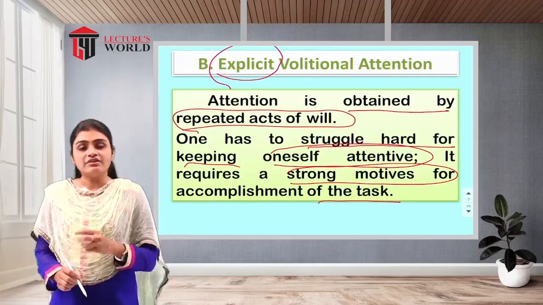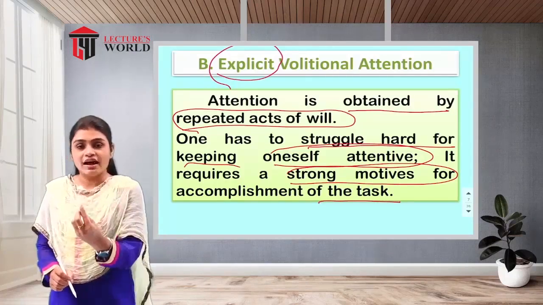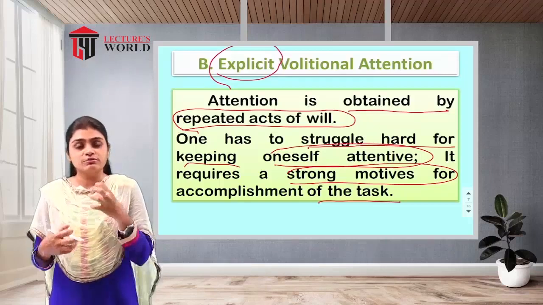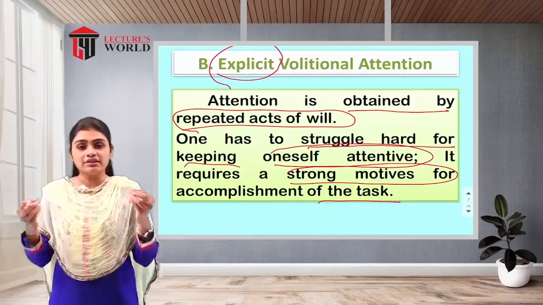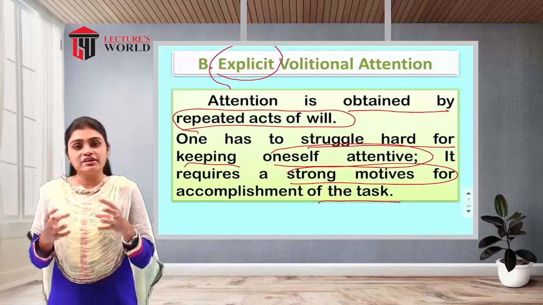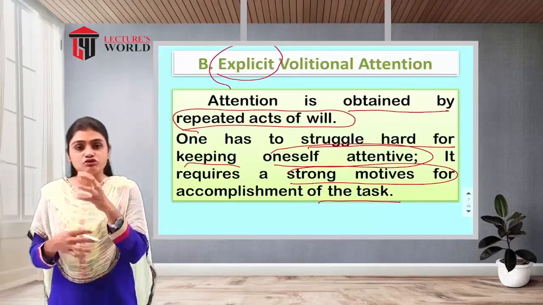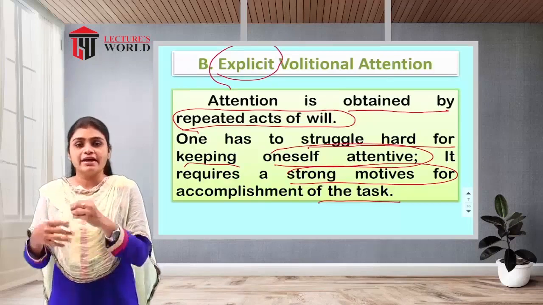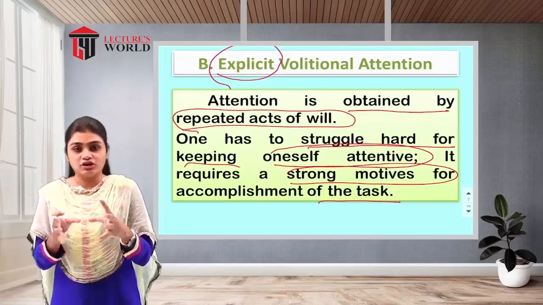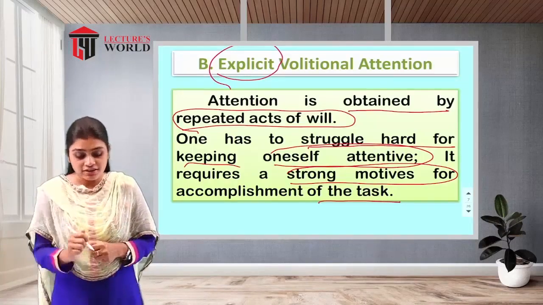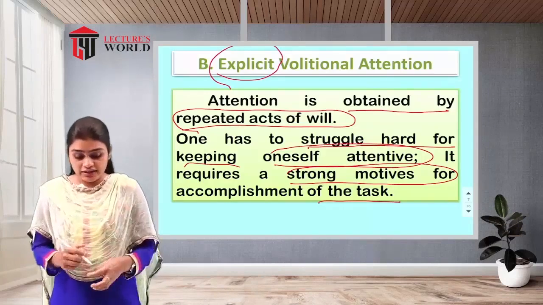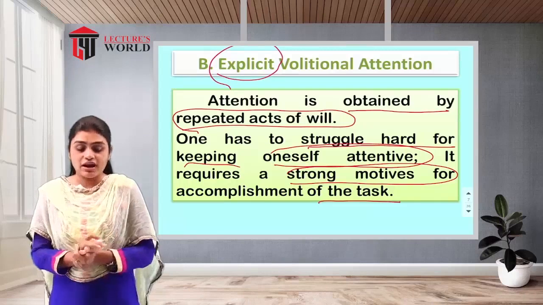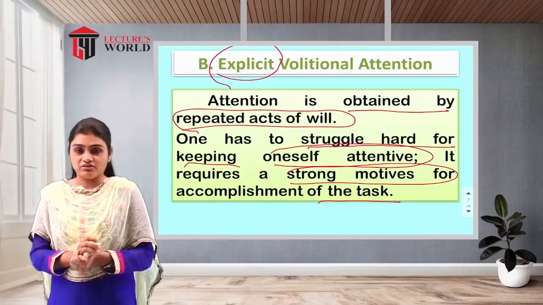For example, if I want to accomplish any task, my motives and my desire should be strong enough, and to achieve all those goals I am going to do hard work, repeated work, so that I can achieve whatever will I have. To attain my will, I am repeatedly acting and doing something. So that is called your explicit volitional attention.